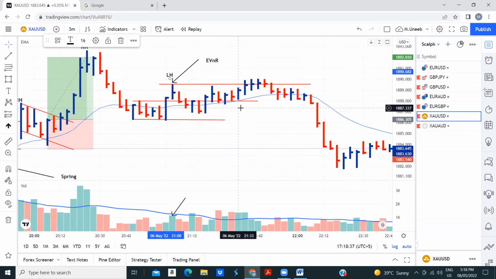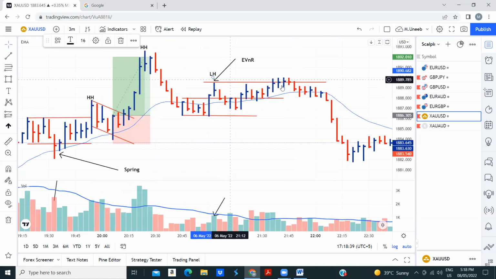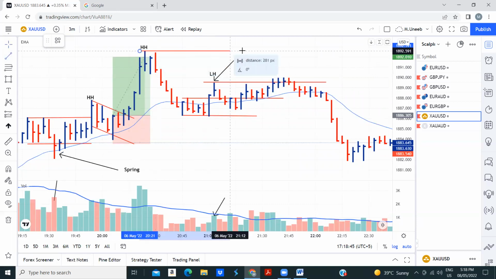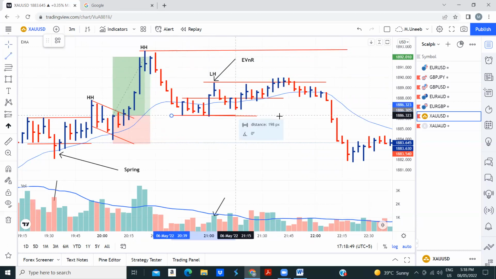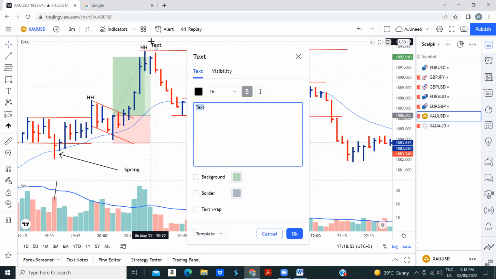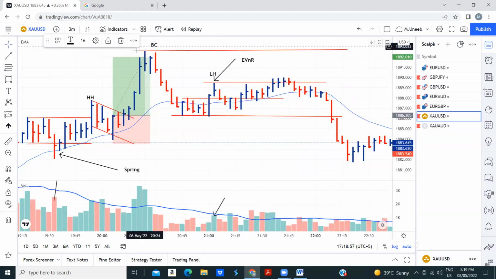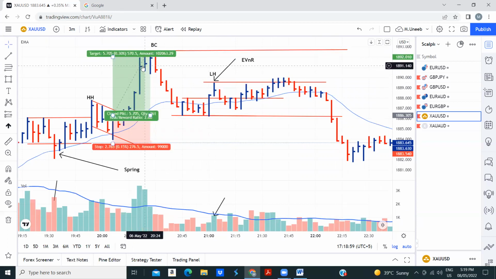Once we see this lower high, what we can do is go back here and redefine our semantics. We can draw a huge line from here and another line from here. And we can say this actually was a buying climax, right? Because we form a lower high over here and we have a very huge volume.